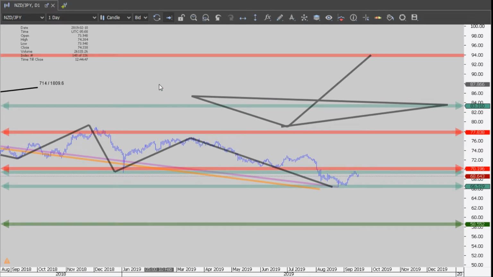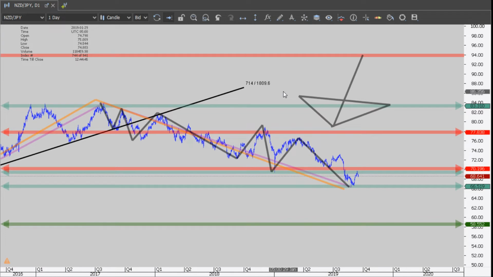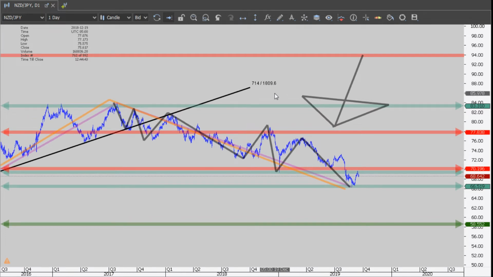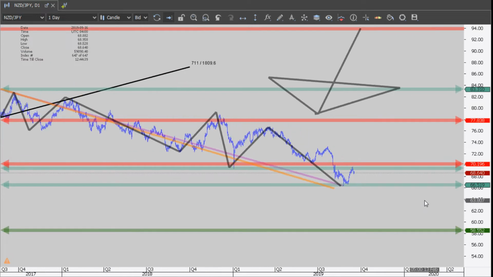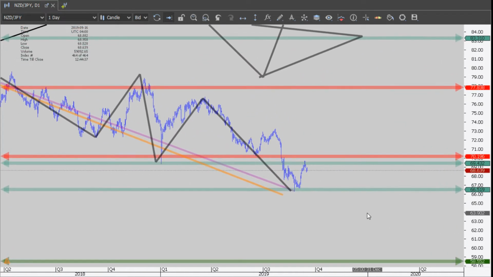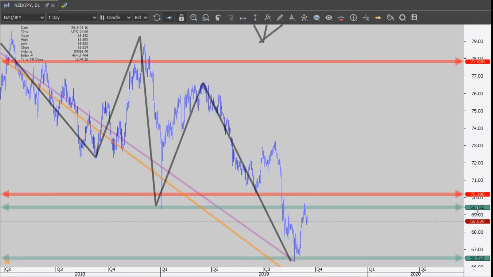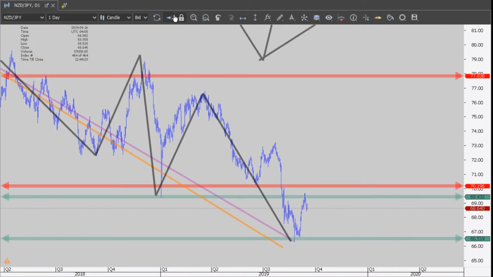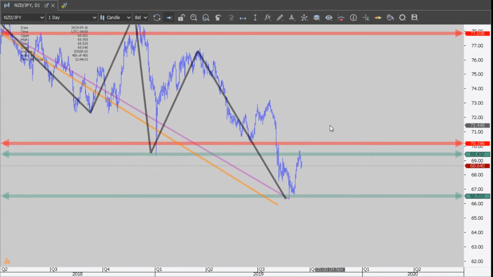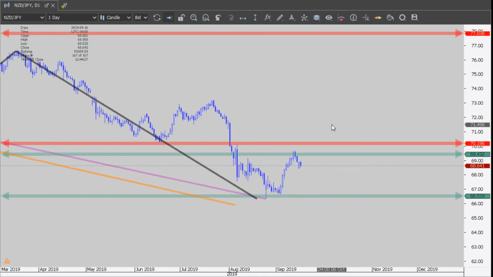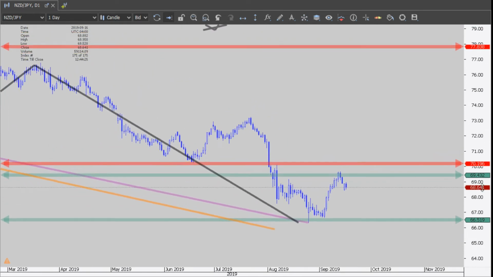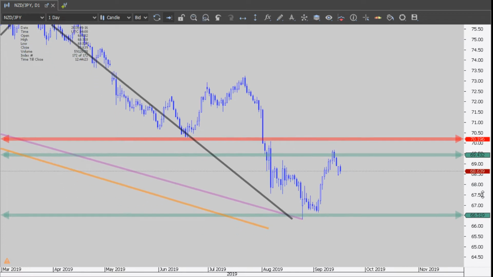Okay, so let me see. Eddington, I don't have a crystal ball. Who in here thinks that the market is going to go up? This is the daily chart. And who in here thinks the market is going to go down?